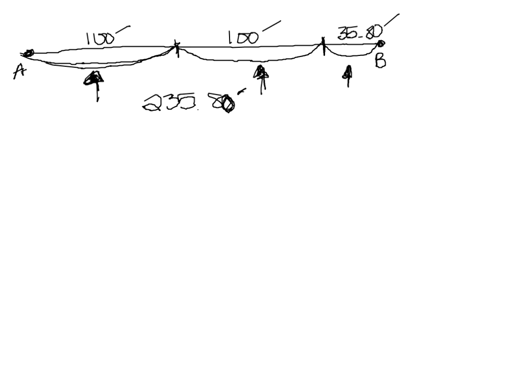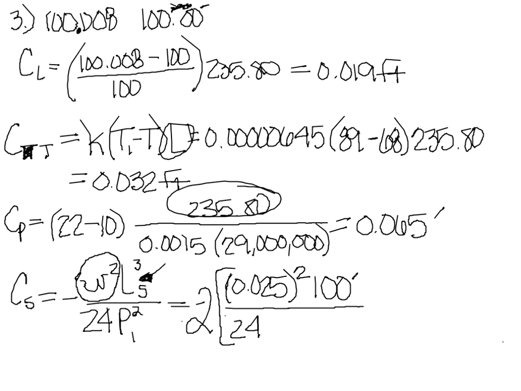So whatever correction you have here, you have it again here. Does that make sense? Okay, so we have 2 times this correction, and then P1 squared for this problem is 22 pounds squared.